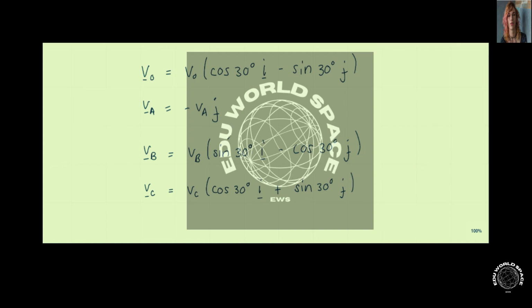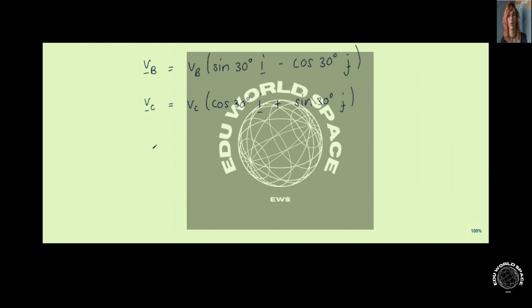So resolving these vectors into their components, now we need to find VA, VB, and VC, the speed of these pool balls after the collision. So firstly, let's apply the conservation of momentum.